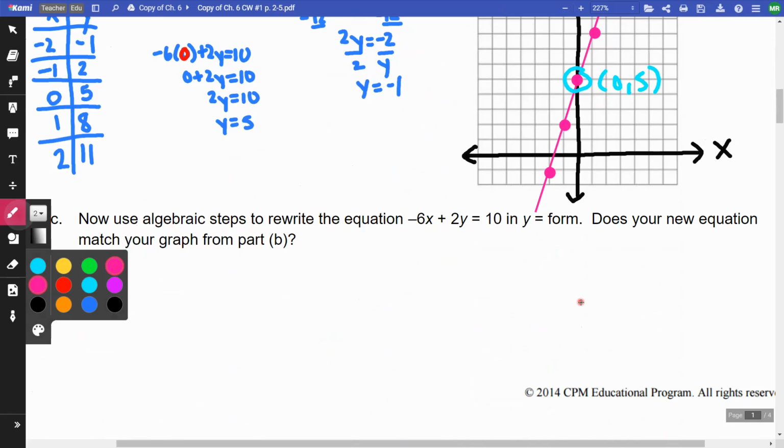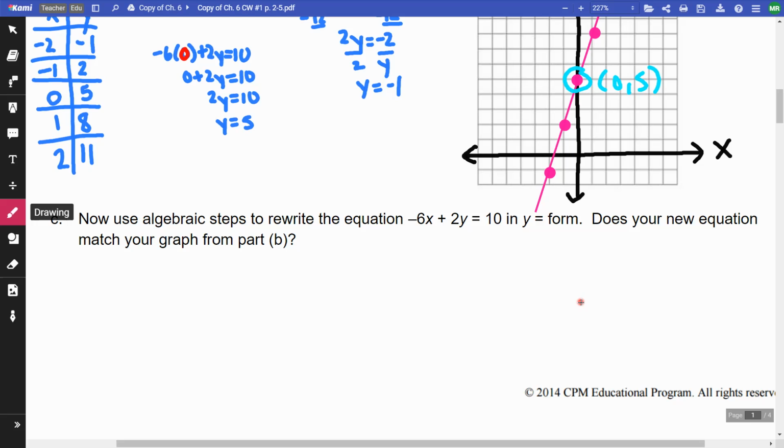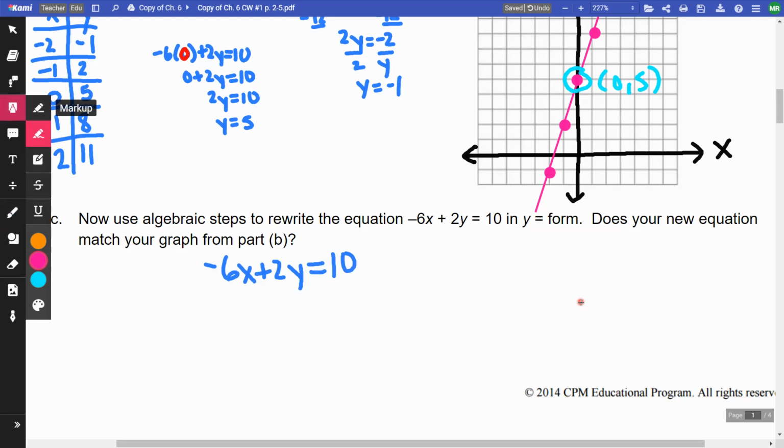So what does that mean? Well, that means I'm going to take my equation, -6x plus 2y = 10, and try to get it to be y equals. The very first thing I'm going to do is get this 2y by itself. What does that mean? I do not want this -6x here.